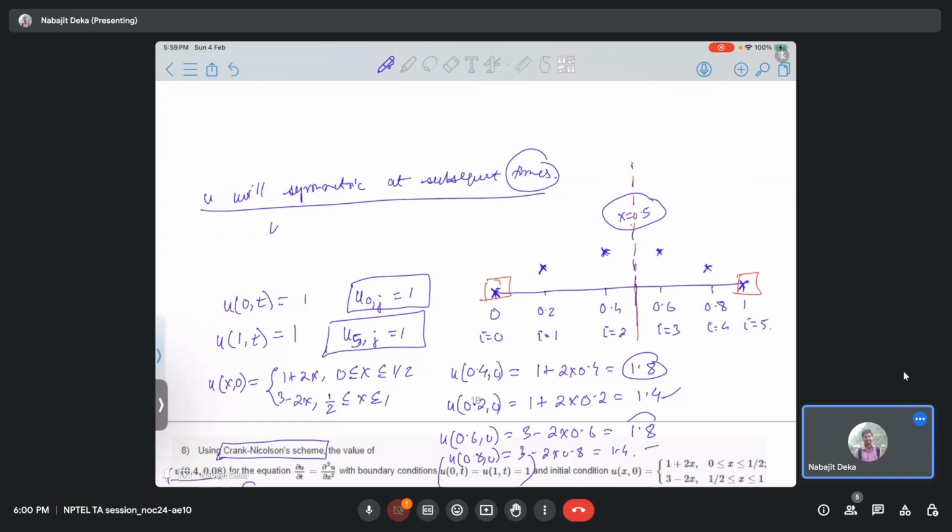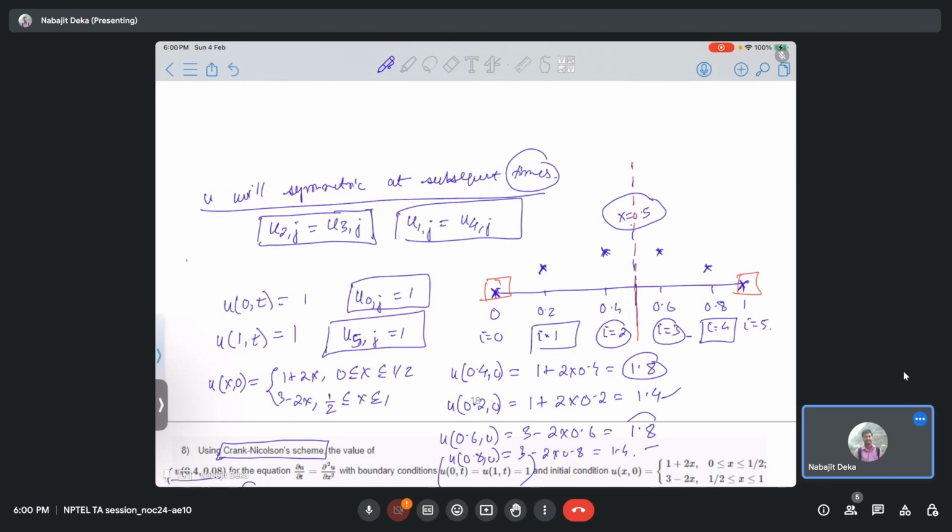So u 2 comma j will be equal to u 3 comma j at all times, or u 1 comma j will be equal to u 4 comma j, since these two values are equal.